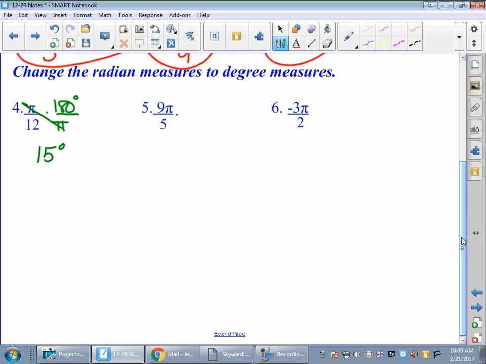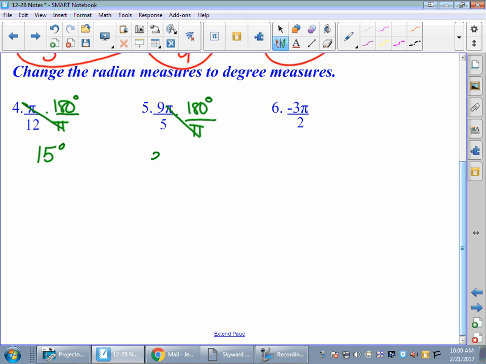9/5 pi times 180 degrees over pi. The pi's cancel. So now I'm going to do 9 times 180 over 5, written as a fraction. You want to do the 9 times 180 first. That will be your numerator. Then you put that number, which I got 1620, over 5.